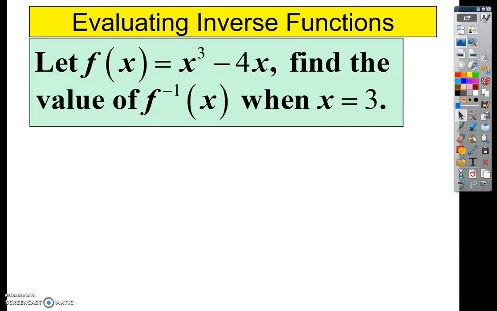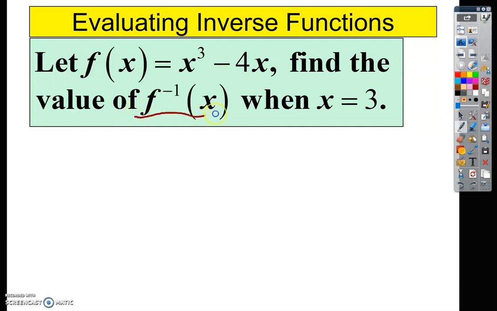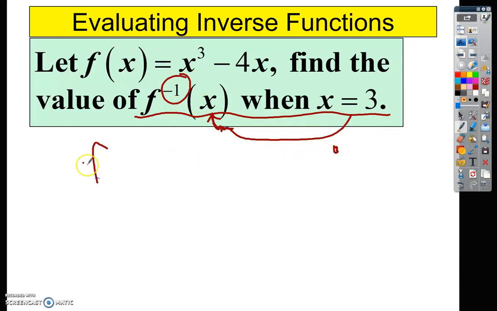Let's say f of x equals x cubed minus 4x, and we want to find the value of f inverse of x when x is 3. Since we're switching x and y, 3 goes in, but it's the inverse. So what we're really saying is f of x equals 3.